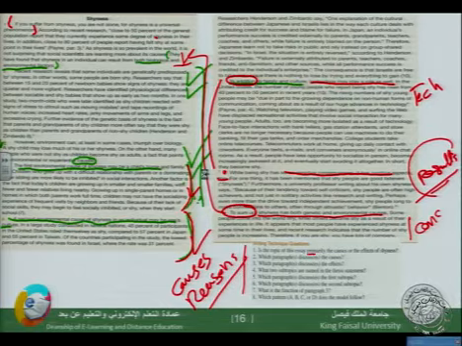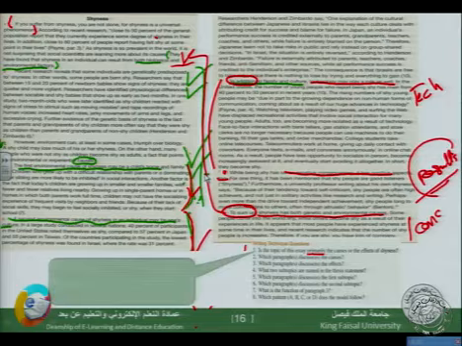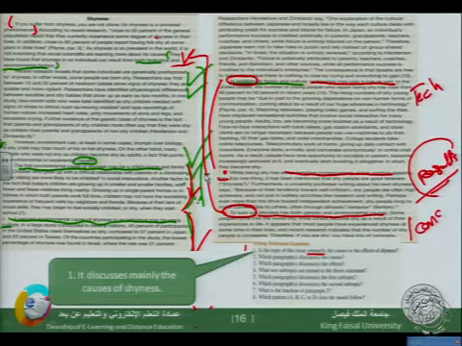Primarily means mainly. Now I ask you, is this essay talking about causes of shyness or results of shyness? How many causes are mentioned? Three causes. And how many results? One result. It discusses mainly the causes of shyness.